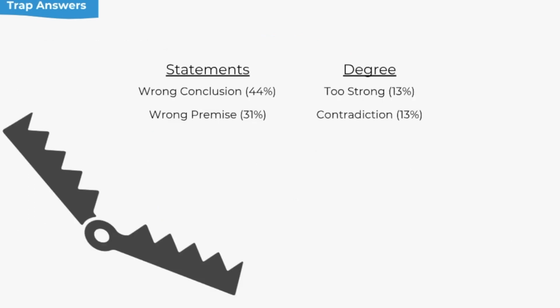The trap answers you want to be on the lookout for: answer choices that reach the wrong conclusion. We're talking about the relationship between the evidence and the conclusion. So many times when you're looking at the answer choices that are wrong, the reason why they're wrong is that they're asserting the argument does something or gets to a place that doesn't actually occur within the argument. 44% of the time, answer choices are wrong because they're asserting somebody did something that they didn't, like they're reaching the wrong conclusion. 31% are wrong because they're asserting the wrong evidence, right?